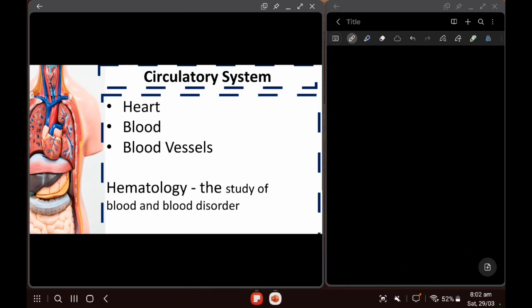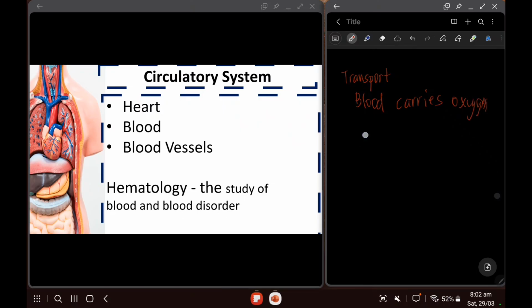First, the main function of the circulatory system is, of course, transport. When it transports, the blood carries oxygen from the lungs to all of the body's tissue.